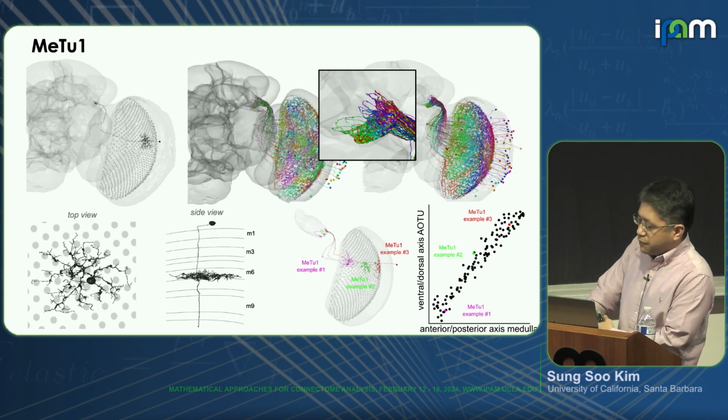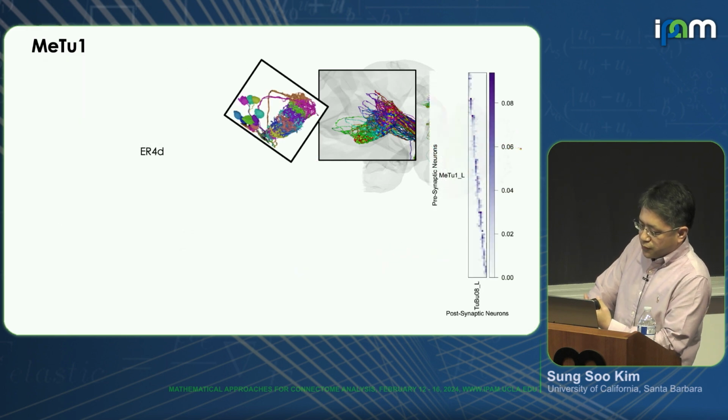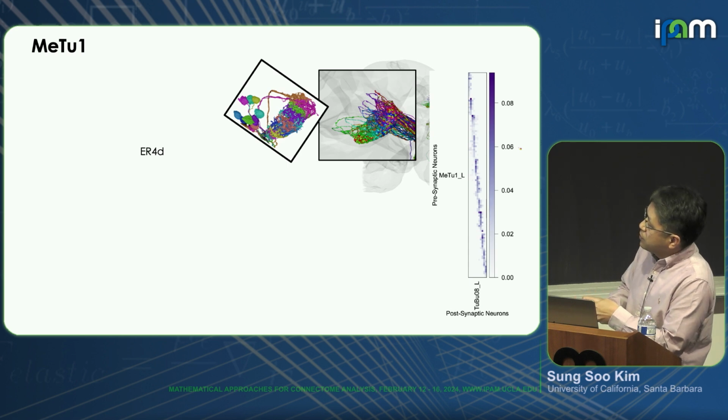Because we have the entire visual pathway in our hand, we can do something interesting. First of all, we found that Tu-Bu neurons are also aligned along this bottom to top axis. But differently from the Me-Tu neurons, these are just single neurons. They are about 10 to 20 neurons here, and there's basically no overlap.